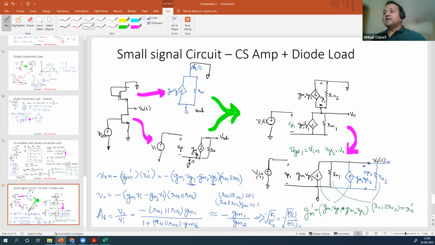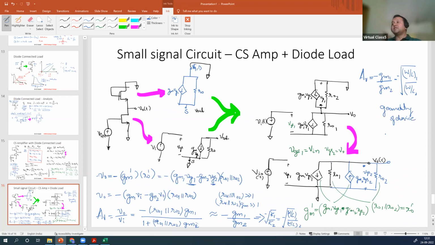Now if you see this gain of this transistor, this gain of this AV load can be written as minus GM1 by GM2, or square root of minus W by L by 1 minus W by L by 2. That means the gain of this common source amplifier and diode connected load is only decided by the geometry of the device. Right? W by L over W by 2, you have now full control.